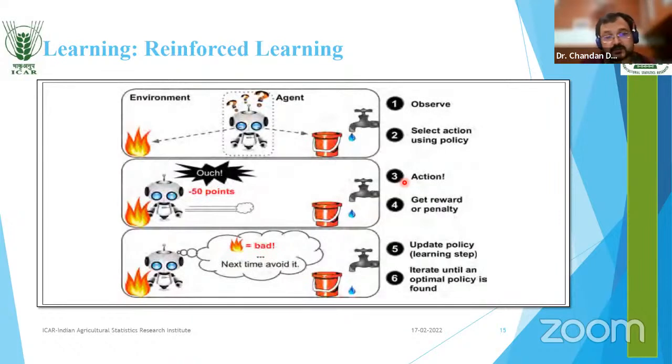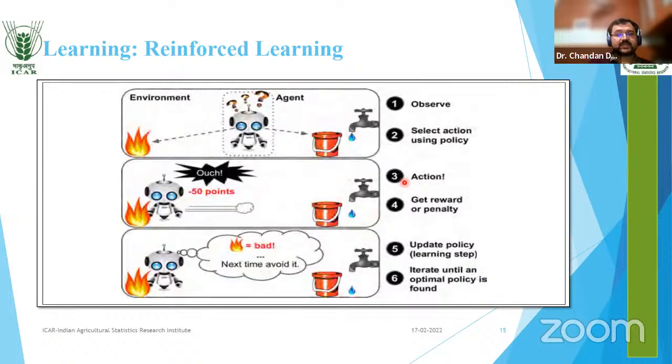The fourth category of learning is reinforcement learning, and as I said, in reinforcement learning we try to give some reward or punishment to the agent. Agent means the computer program which tries to learn from the data. In this situation, the agent takes some action.